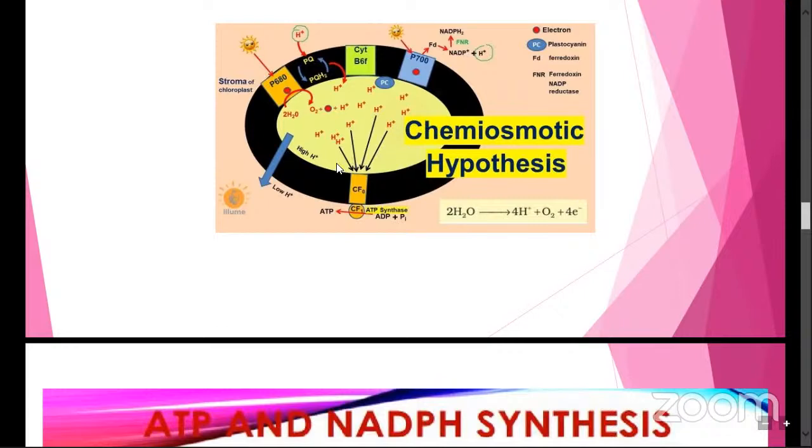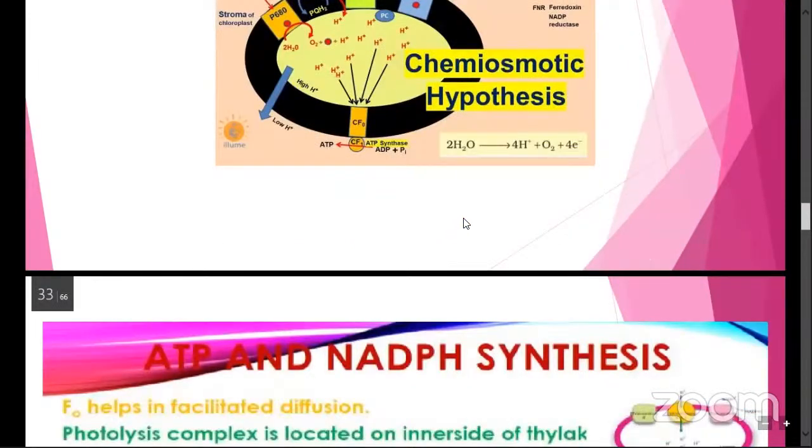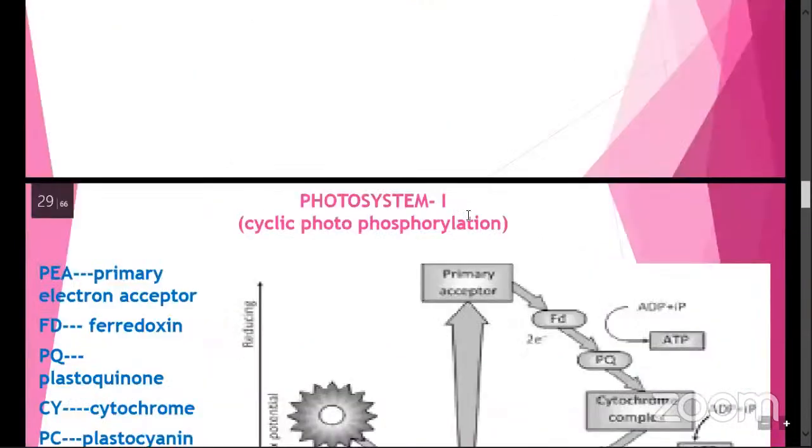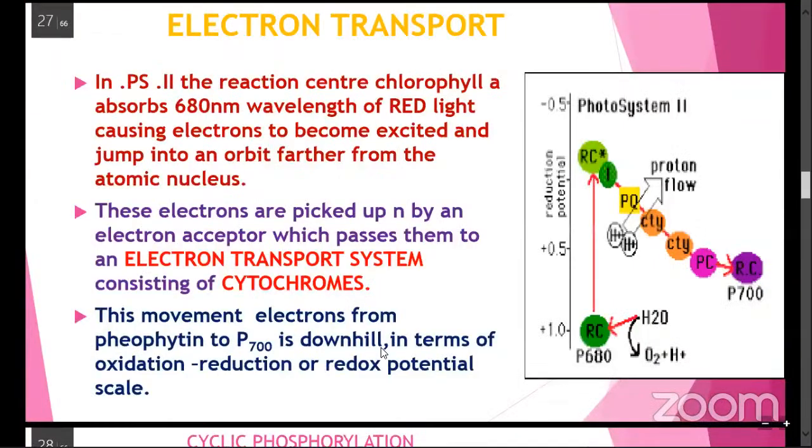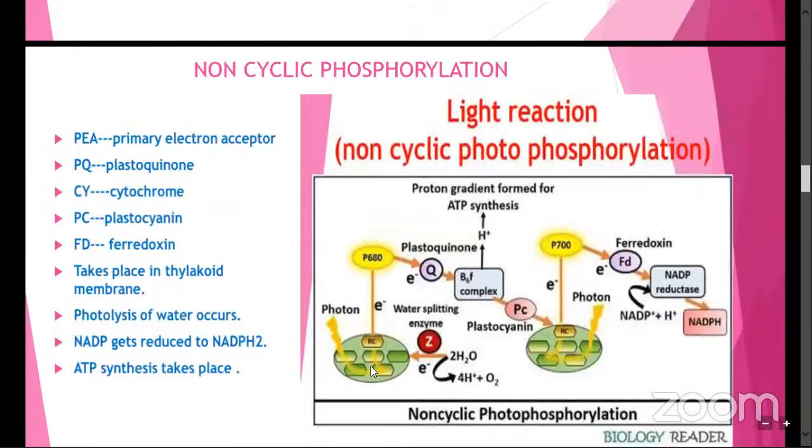Up to here, once again repeating, that is during non-cyclic photophosphorylation. During non-cyclic photophosphorylation, a reaction center releases electrons by absorbing photons. Not only the reaction center, the accessory pigments also help in receiving photons and transferring them to the reaction center.